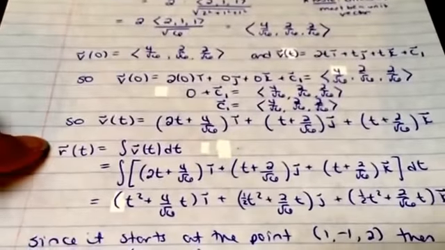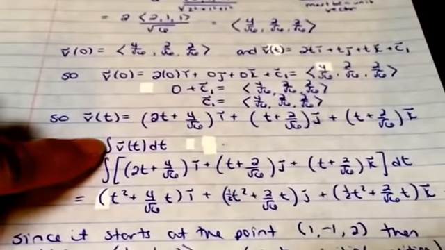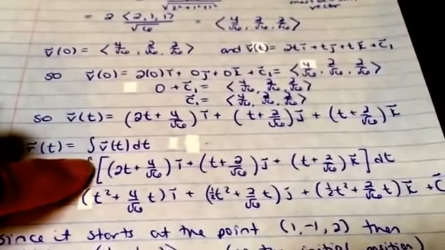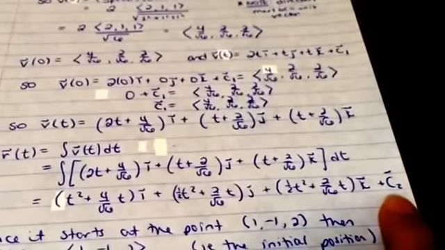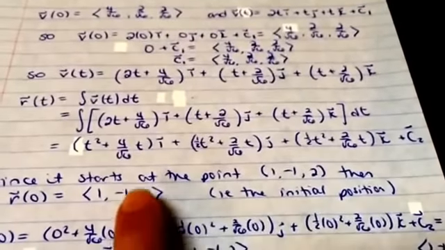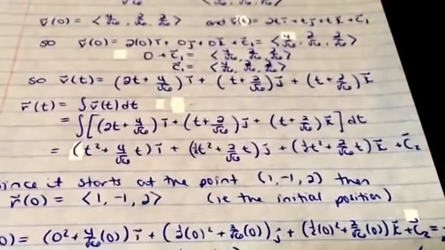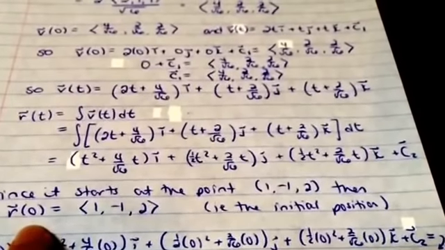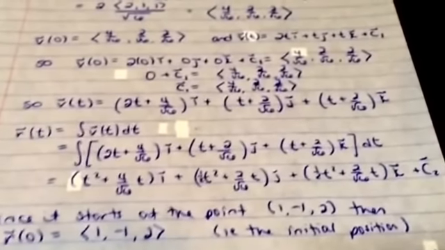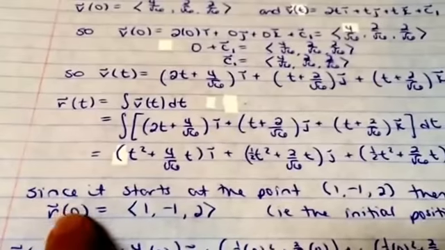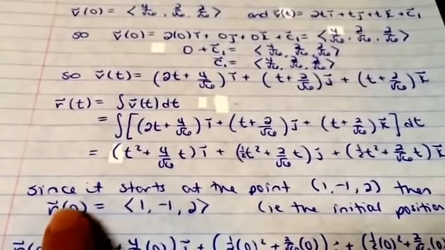Then the r is the integral of the velocity vector. So I'm integrating what I just found. I get another c that pops up, and it tells me that the r of 0. R of 0 is the position at time 0, so the initial position.